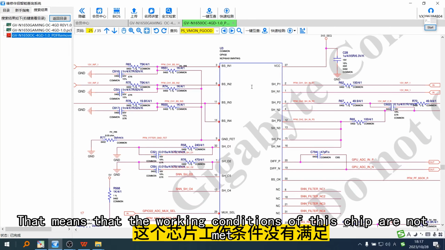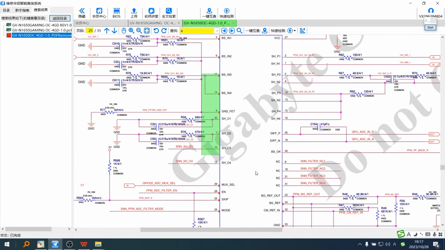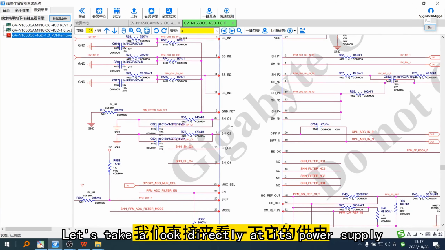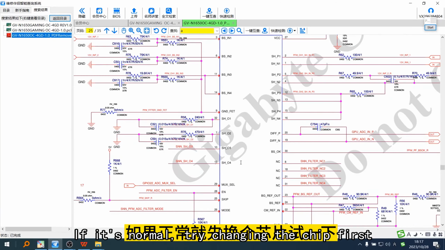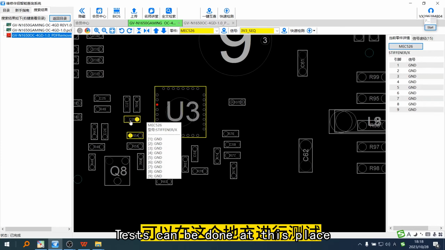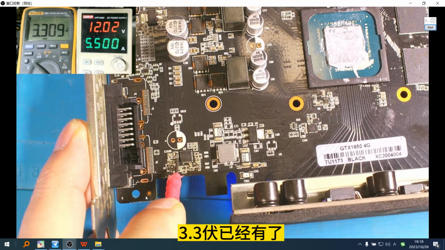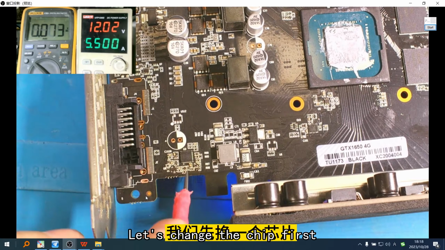That means the working conditions of this chip are not met, or it is damaged. Let's take a look directly at its power supply. If it's normal, try changing the chip first. The power supply is 3.3 at pin 27. It can be tested at this place. 3.3 is already available, so let's change the chip first.